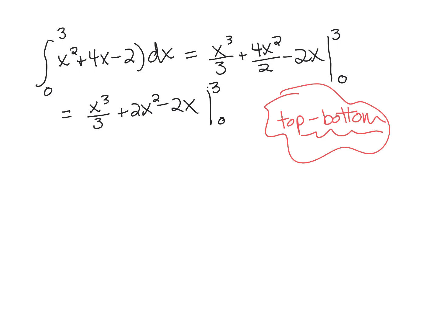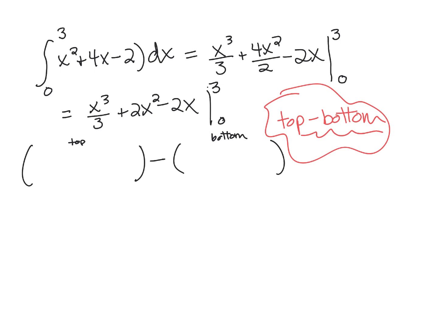So when we evaluate the integral, we're going to take the top number, 3, and plug that in. This is the top. Minus, plug in the bottom. Top minus the bottom every time.